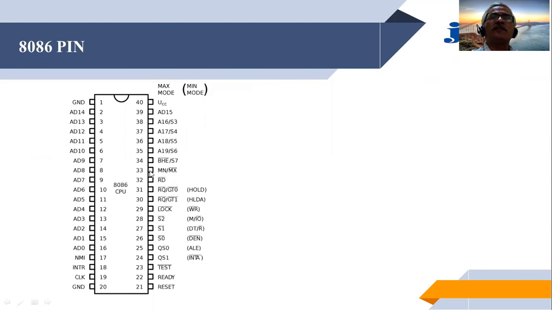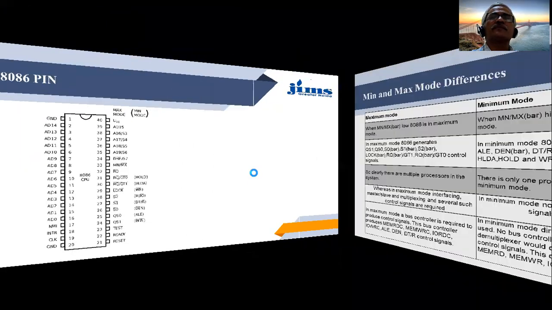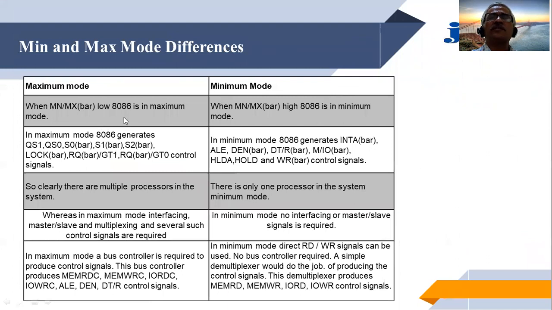When you connect it to the ground, the processor will operate in a maximum mode. So that is the one difference. When MN/MX bar is connected to high, then it is the minimum mode. When it is connected to ground, then it operates in the maximum mode.